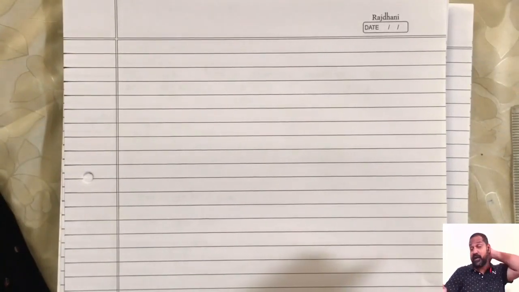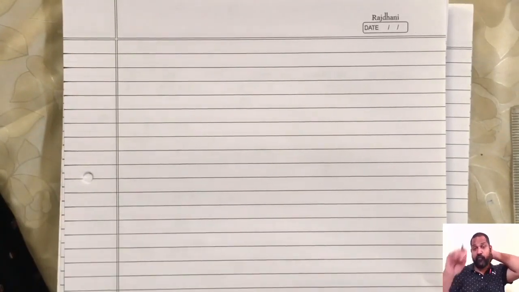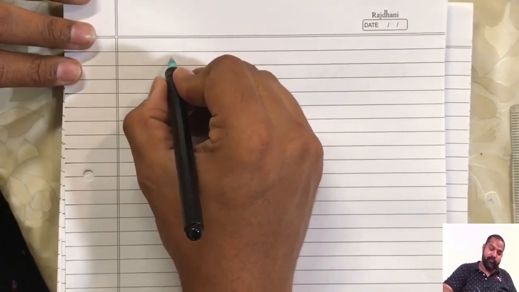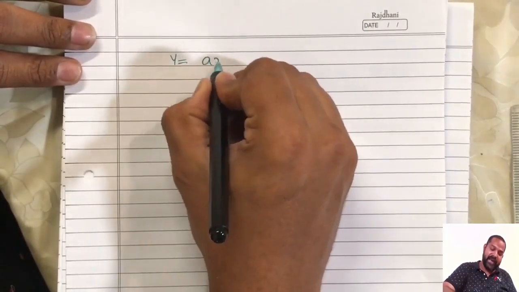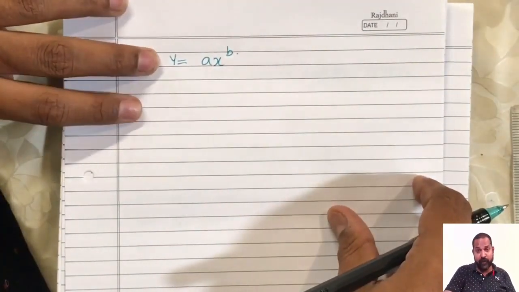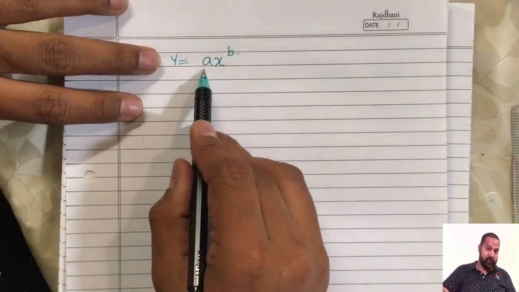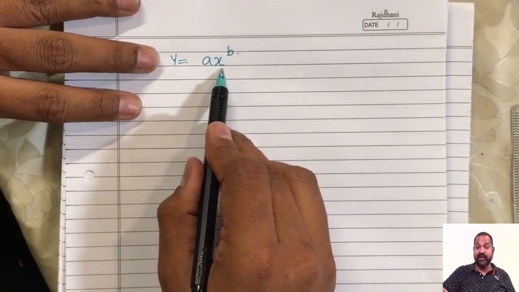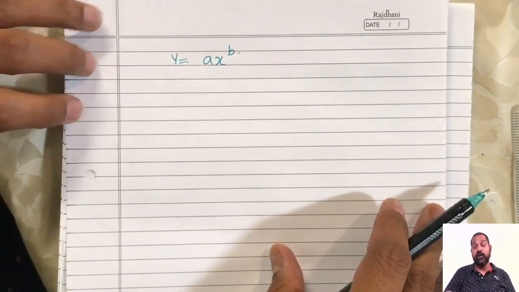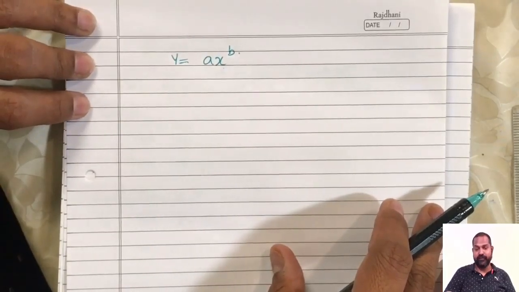But if I suddenly ask you the time taken for 15 units, I can't tell you. For 15, I will have to use a formula, and the formula is y is ax raised to b, where y is the average time per unit, a is the time for the first unit, x is the total number of units, and b is the learning curve coefficient.